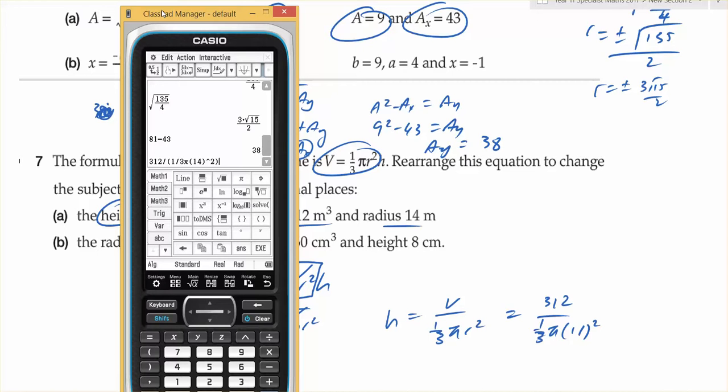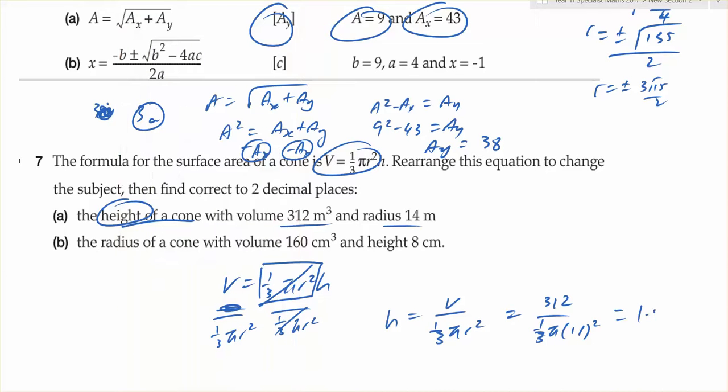Put double brackets. Okay, so we get, I want it in decimals, 1.52. The height is 1.52 meters. And that's 14, just in case you're wondering.